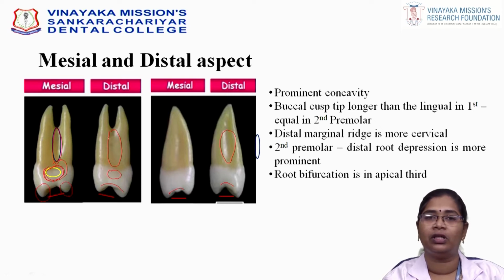Another important identifying feature is that two roots are visible on the mesial and distal aspect of the maxillary first premolar, whereas the maxillary second premolar is a single rooted tooth. And the bifurcation of this root is towards the apical third. It is more towards the apical third of the root.